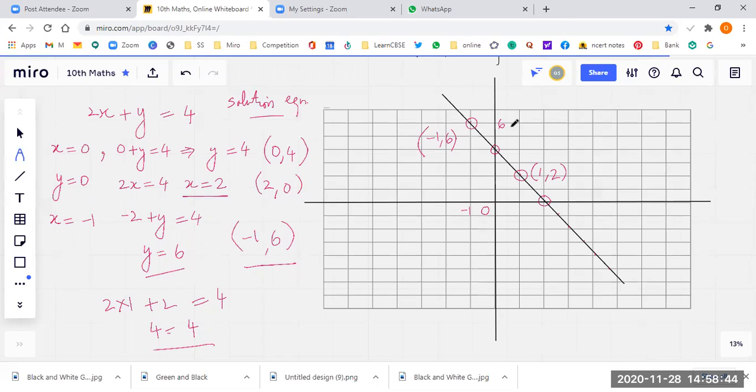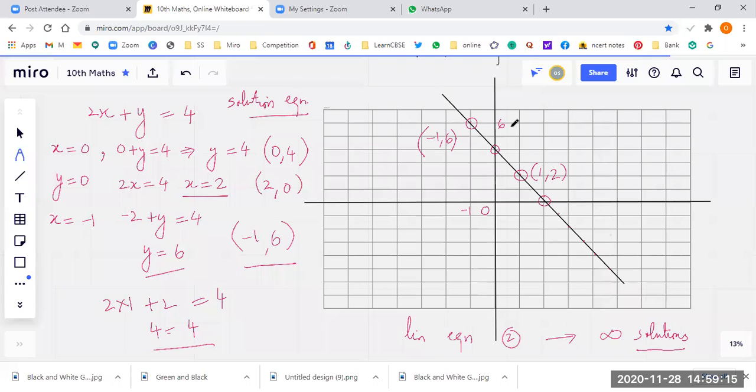From this, we came to know that a linear equation in two variables, x and y, has how many solutions? Infinite solutions. Why? Simply because there are infinite points on this line.